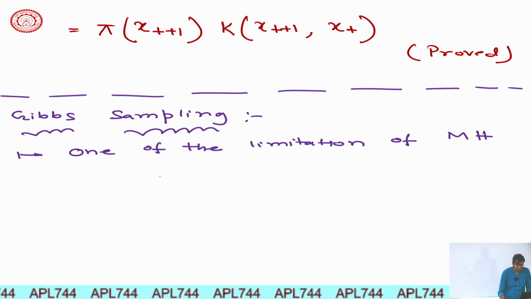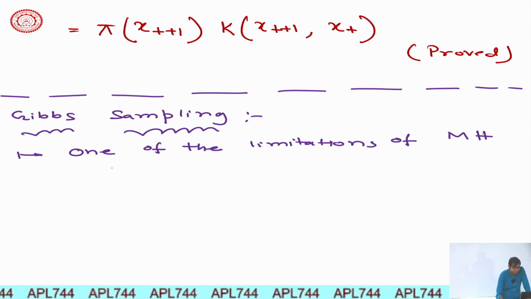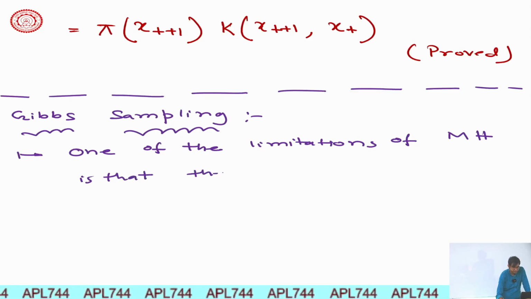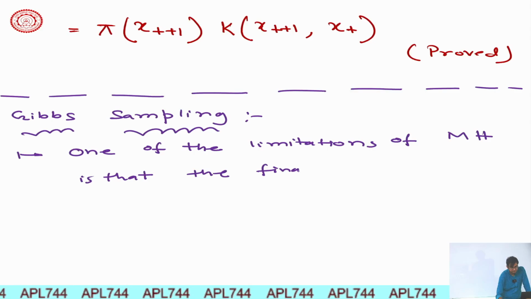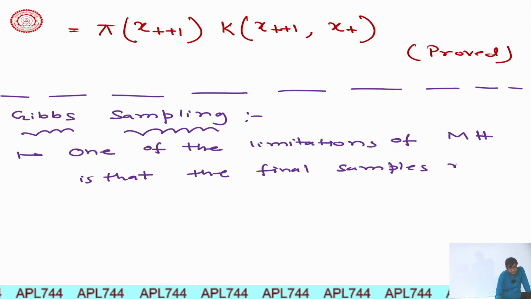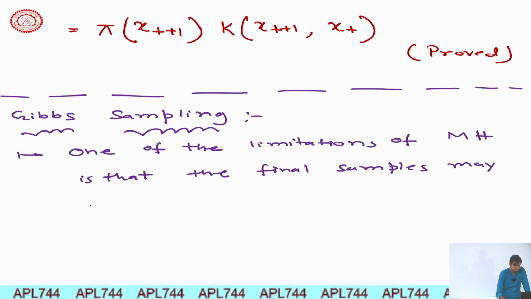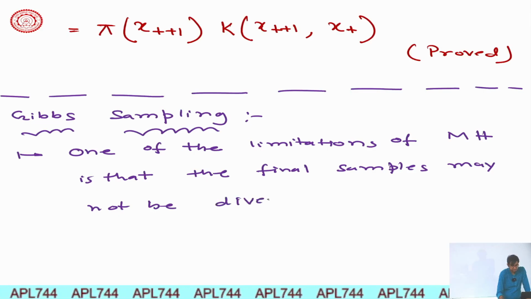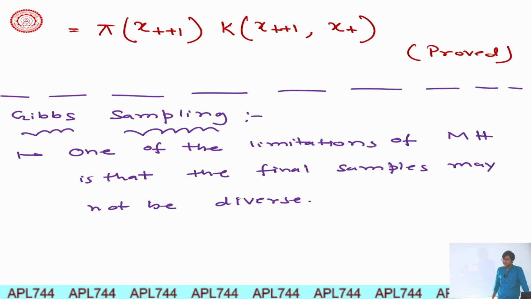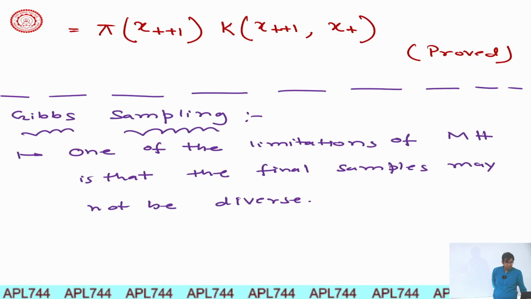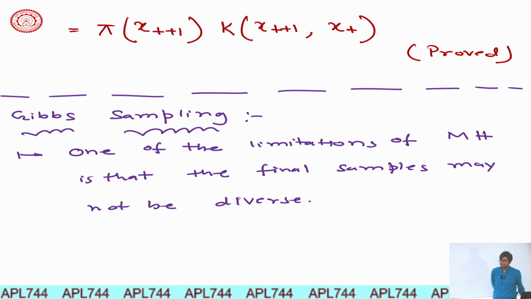One of the limitations of Metropolis Hastings is that the final samples may not be diverse, right? That is the potential problem with Metropolis Hastings.